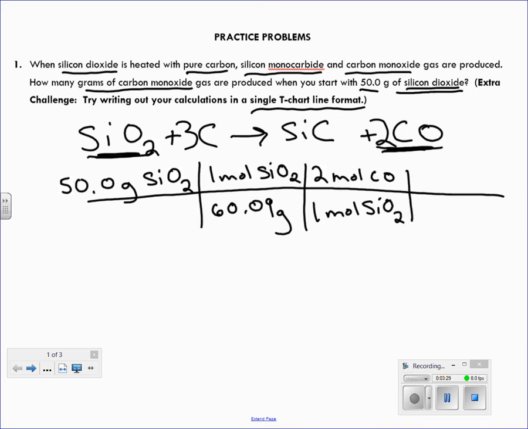And then the very last part of the question is I want to get to grams of carbon monoxide, so I'm going to do 1 more. Now I'm converting moles into grams. So hopping on my trusty little TI, the molar mass of carbon monoxide is 28.01 grams.